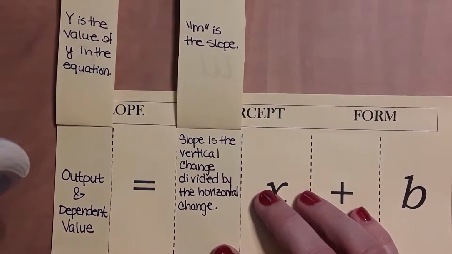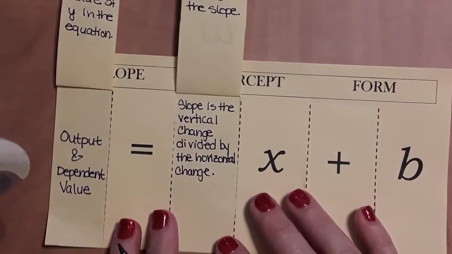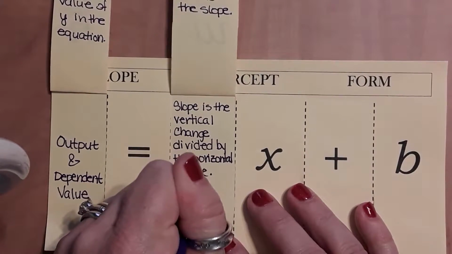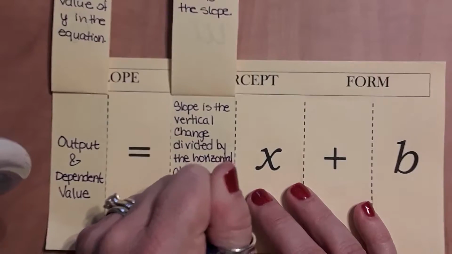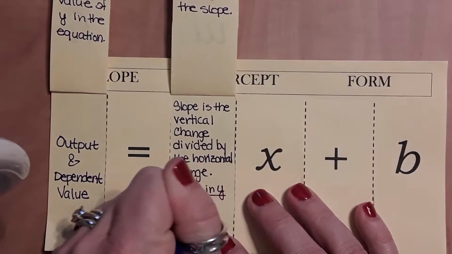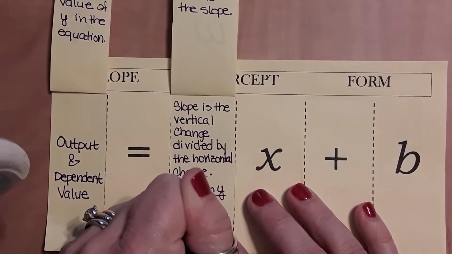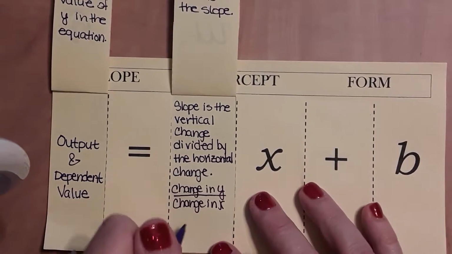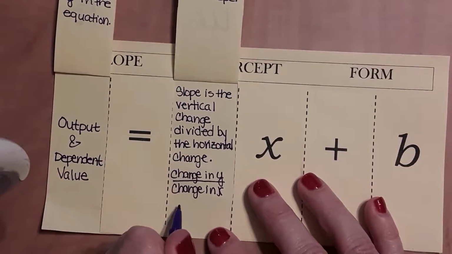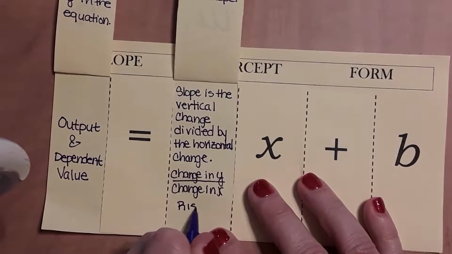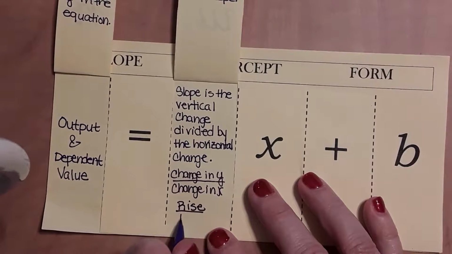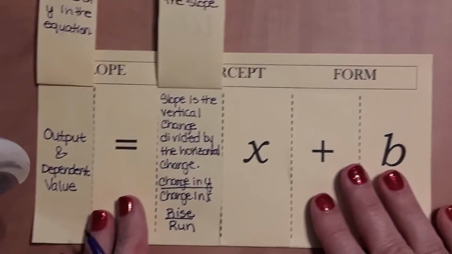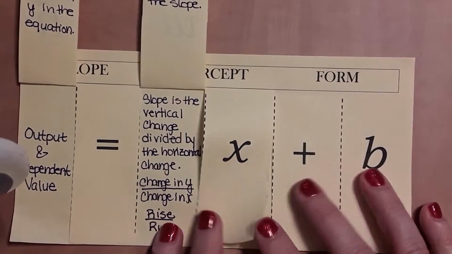Our vertical change is our y, and our horizontal change is the x. So change in y divided by the change in x. Just like we discussed before, it's the rise over the run.